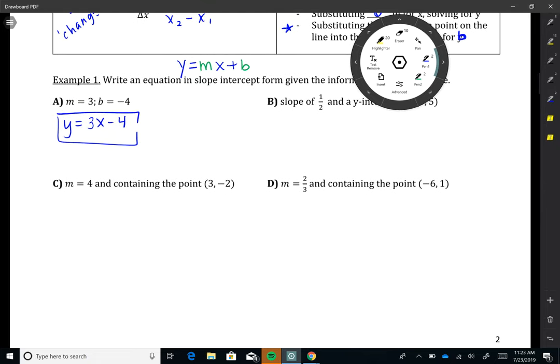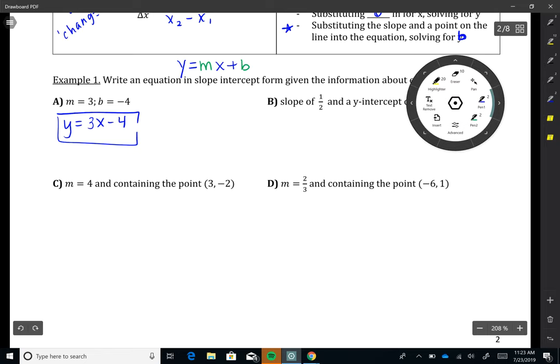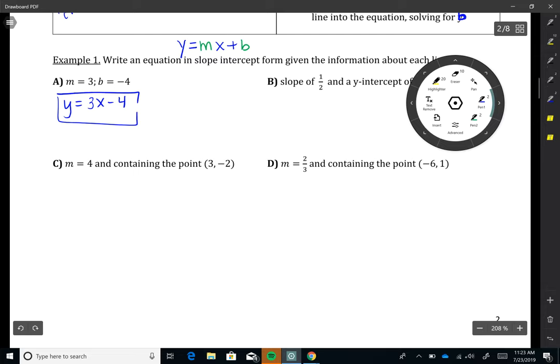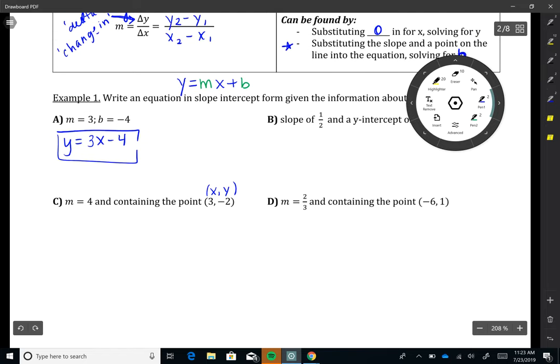So moving on to example C, it says m equals 4 and containing the point 3, negative 2. So what it has given us here is the slope and a point on the line. Whenever we are given a point on the line, we are actually given an x-coordinate and a y-coordinate, which is helpful to find b, as we learned up in the box above.